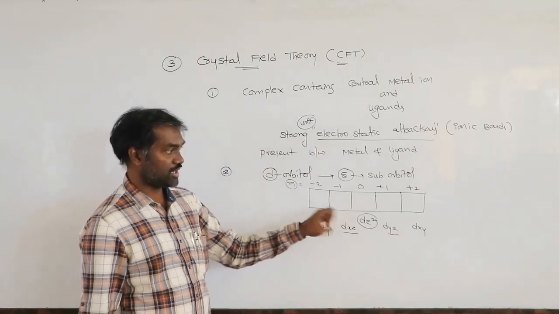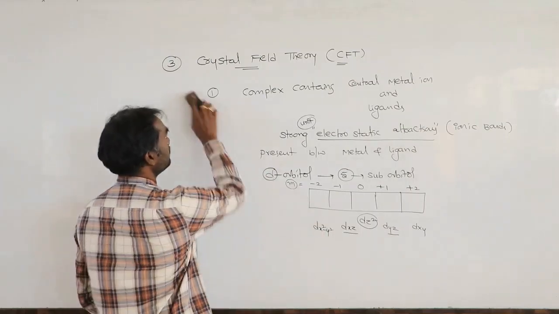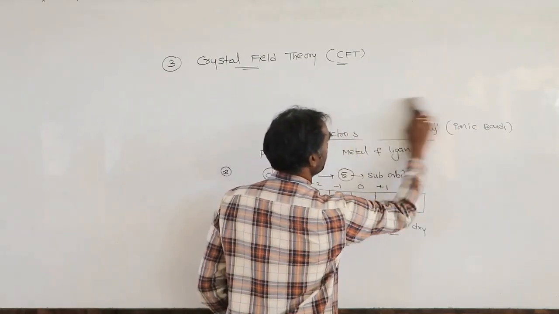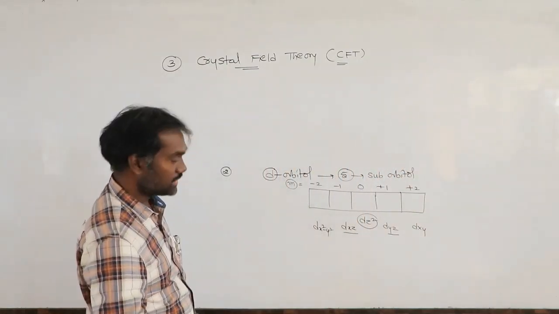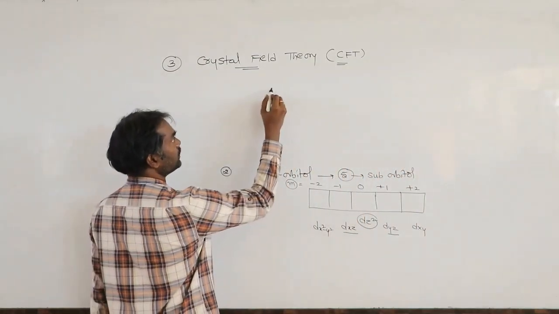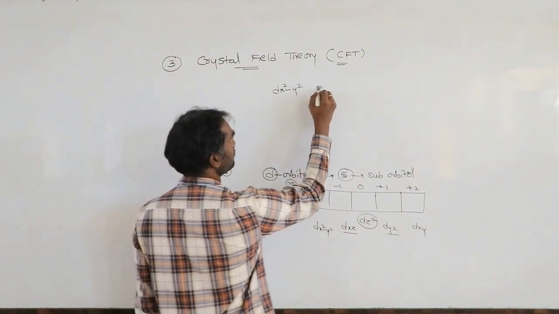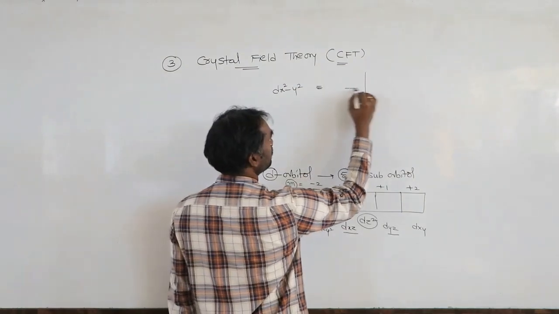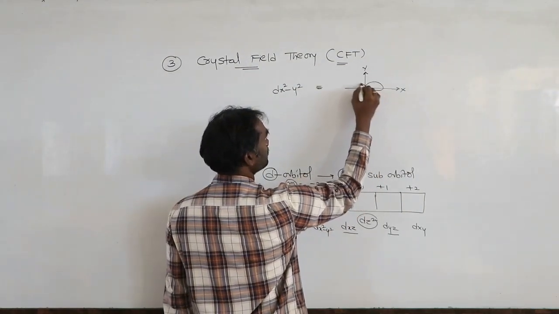If you see the orientation of these 5 orbitals, take dx square minus y square: it lies on the x axis and y axis.